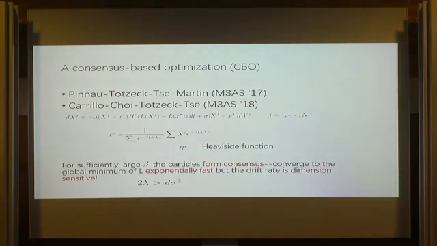The starting point of our work is these two previous works. This group in Kaiserslautern and later Jose Carrillo in Imperial College joined the effort. What they do is they use this consensus type of model, particle models, which is a very simple model. So we have these m particles. The first one, forget about this Heaviside function, it's not very important.